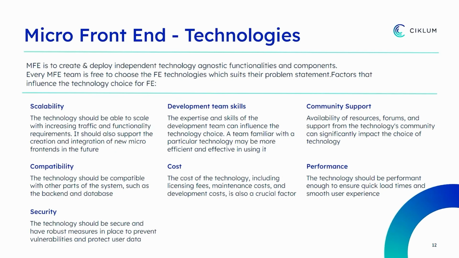So the factors can be how scalable your technology is. That means tomorrow, if I have a lot of complexity in my components or in the functionality for which I'm managing the MFEs, how scalable is it? That could be your compatibility. That means I have MFEs with a certain technology on the MFE side.